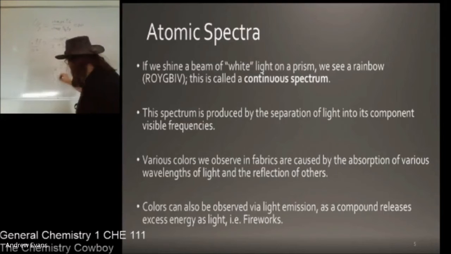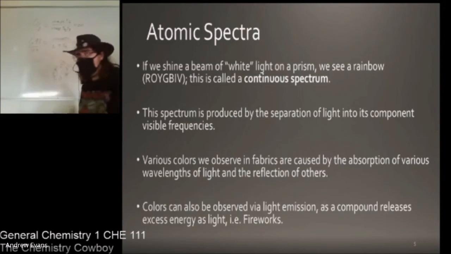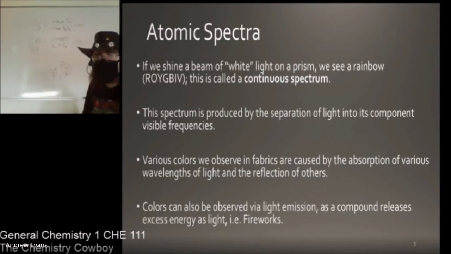Every color that we perceive is caused by the absorption of the opposite color and the reflection of the others. So a red shirt would absorb chiefly green light, and the absence of green makes that red really pop.